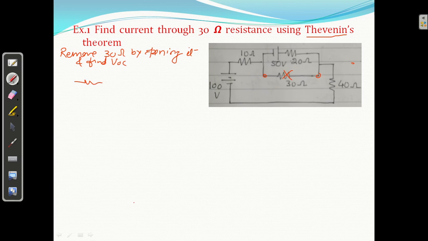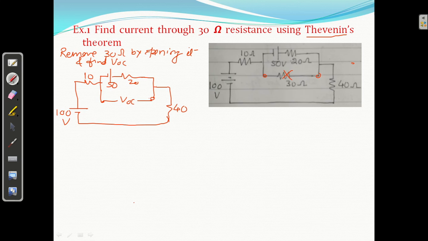So this is 10 ohm, 20 ohm, this is 50 volt, this is open, 10 ohm, 40 ohm, 100 volt, and this is the open circuit voltage developed. If you know the current through this 20 ohm, you can find the VOC.